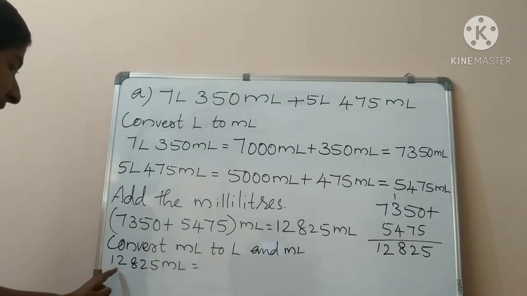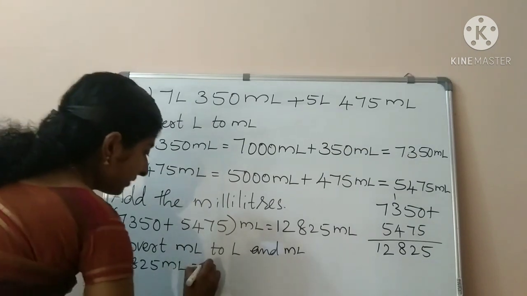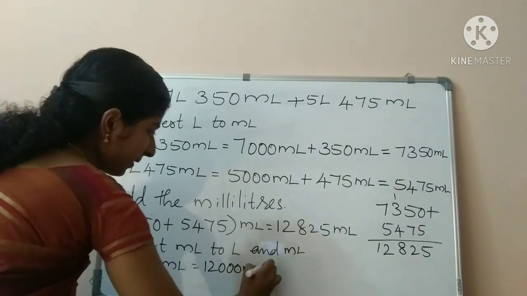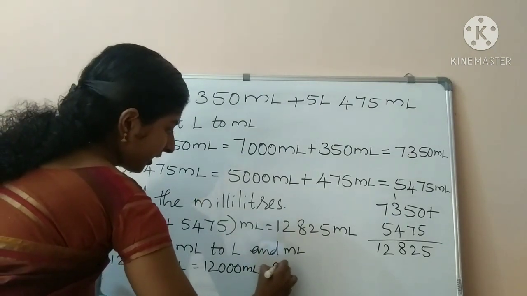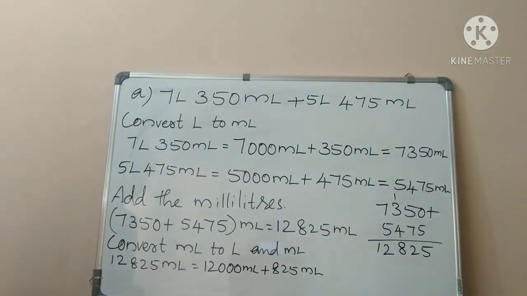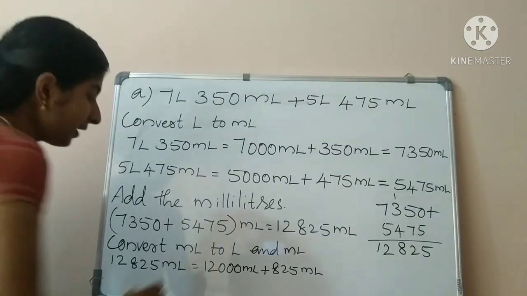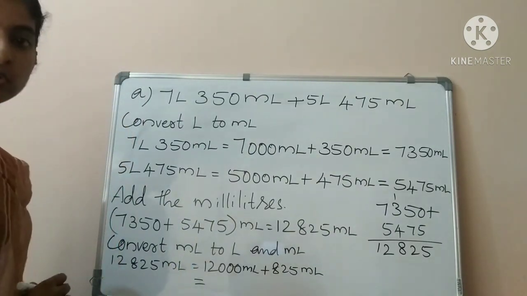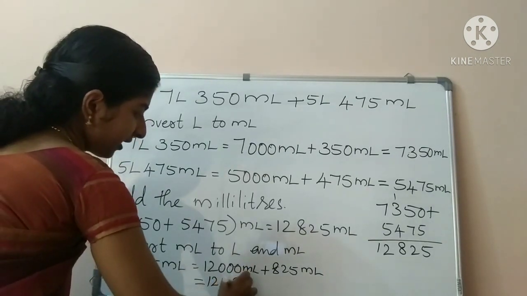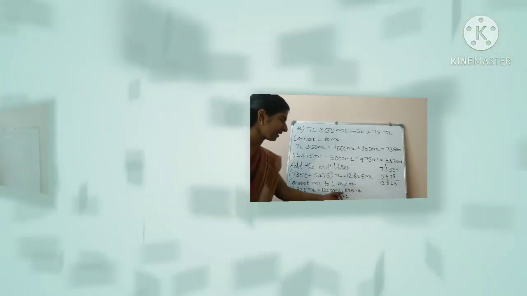That means 12,000 milliliter plus 825 milliliter. 12,000 milliliter is how many liter? 12 liter. So 12 liter 825 milliliter. No need of putting this plus.